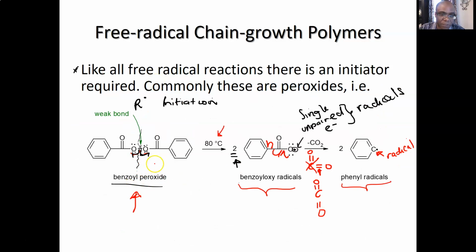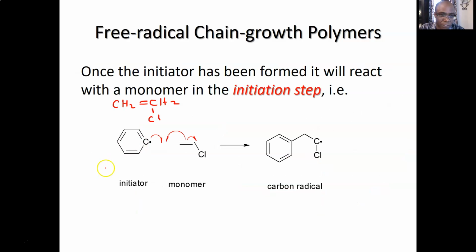So if this thing is split apart, you might end up getting the phenyl radical. You can use the phenyl radical as an initiator to react with the very first monomer to make the very first radical. And that's the process of initiation. You're making the very first radical out of your monomer.